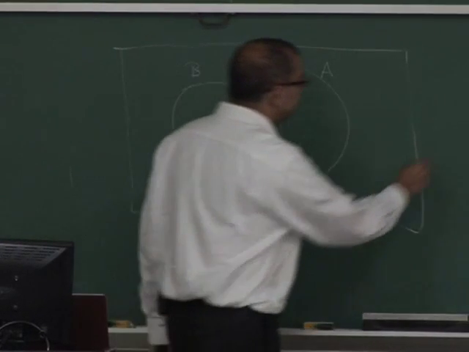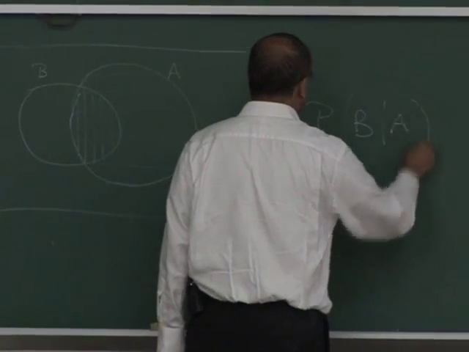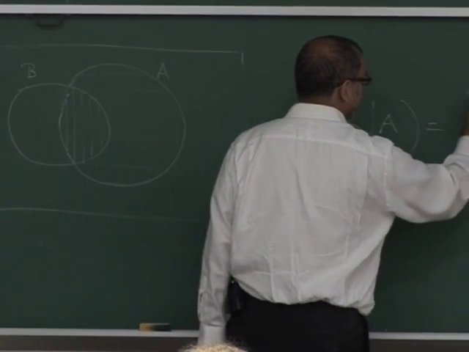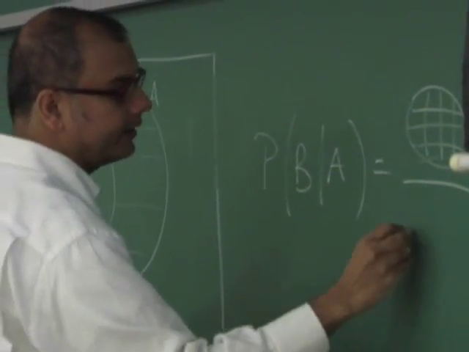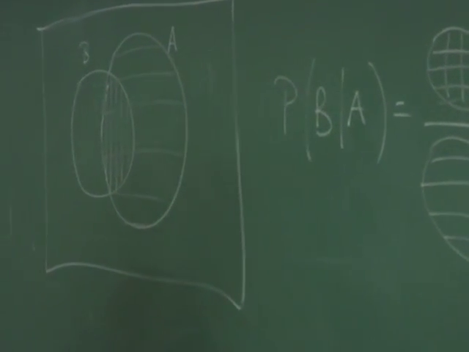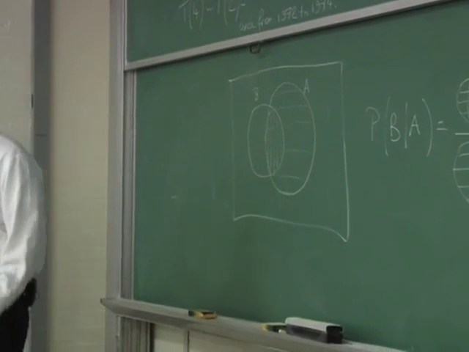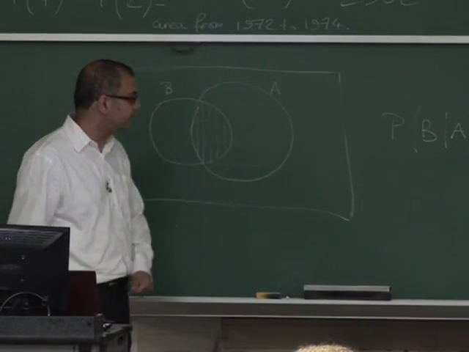So the probability of B given A is this checkered area divided by the horizontally shaded area. Okay, so it's this divided by this whole circle.